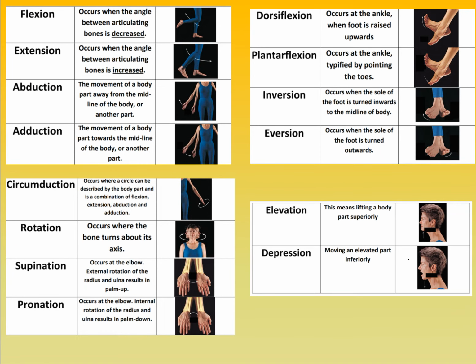Now, what you're faced with here is the name of the movement plus the definition in the middle, and then a picture as an example. So in the top left here, we've got flexion. Flexion occurs when the angle between articulating bones decreases.